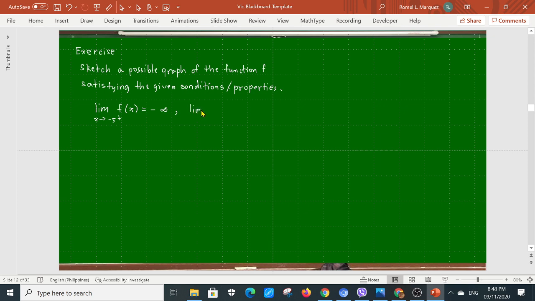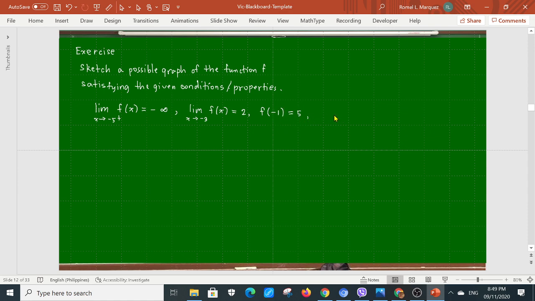These are the conditions: the limit as x approaches negative 3 of f of x is equal to 2. And then as x approaches negative 2 equals 2. Then we have f of negative 1 is equal to 5.